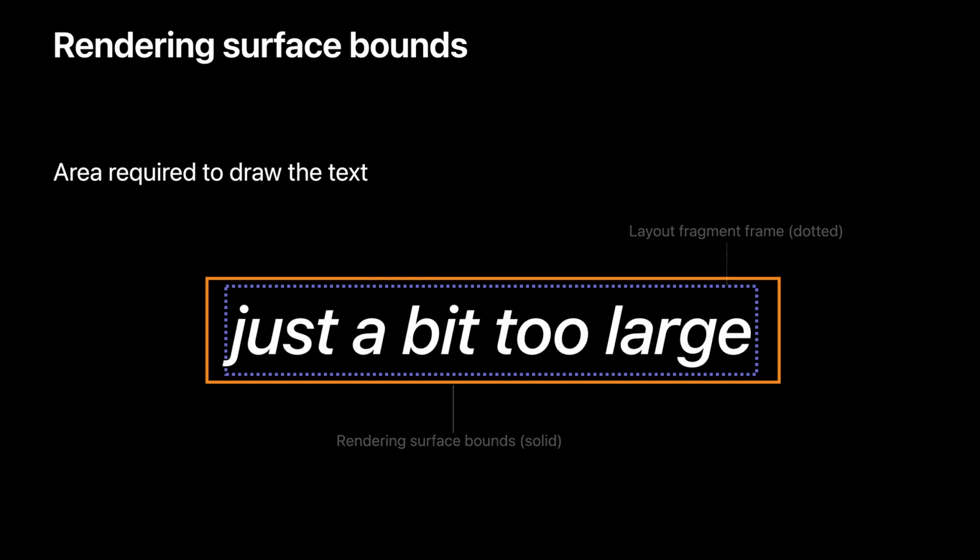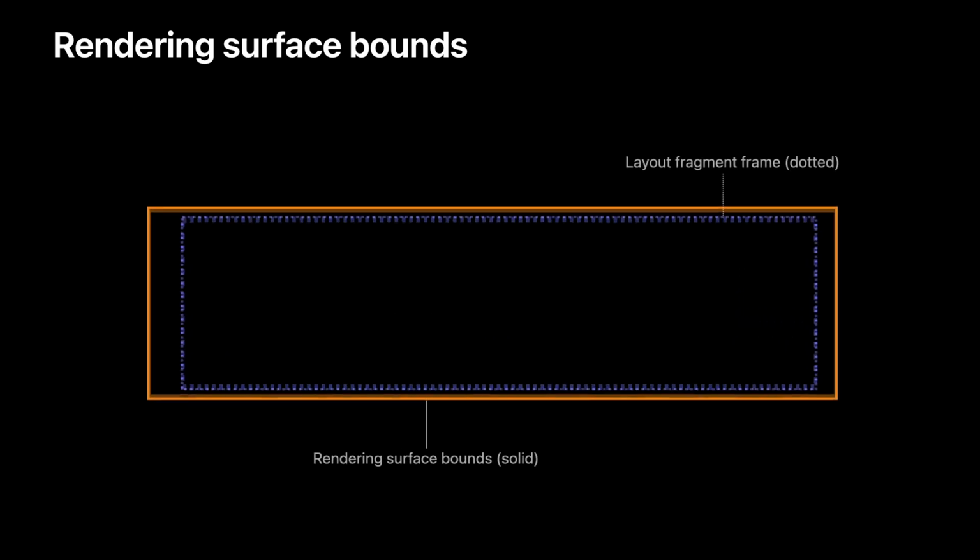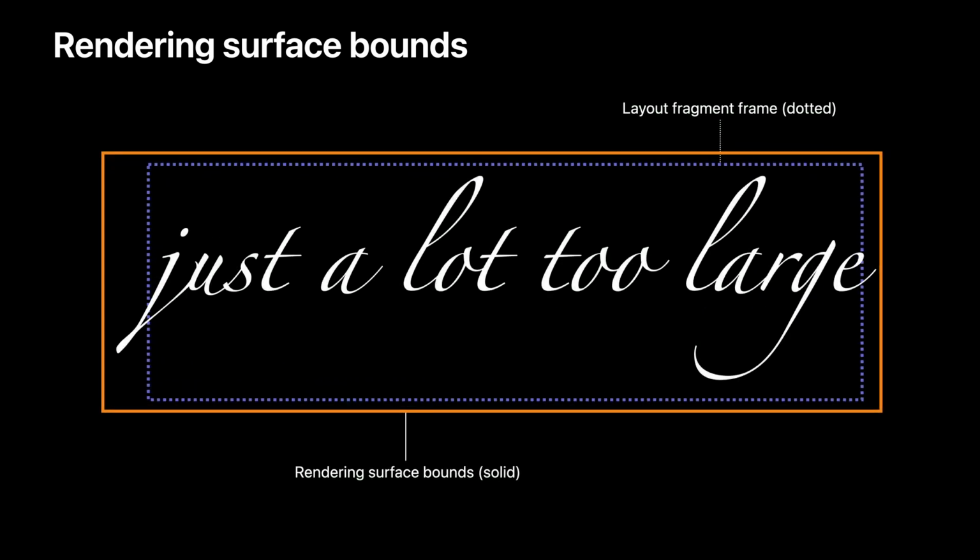This happens with diacritics, or as shown here, with long descenders in italic fonts. Notice how the bottom left edge of the J sticks out just a little bit from the layout fragment frame. It doesn't stick out that much, so here's a more extreme example. Some fonts like Zapfino have glyphs that extend very far outside the typographic bounds. The rendering surface bounds will be much larger than the layout fragment frame in this case.